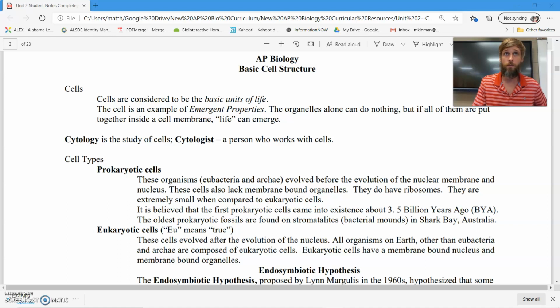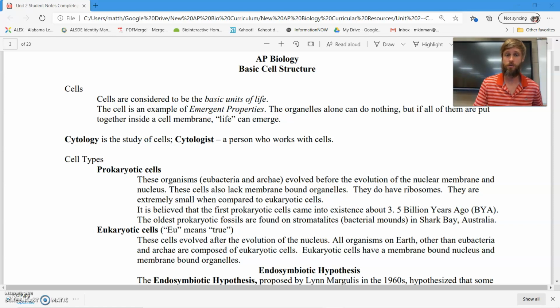Anyways, prokaryote. Just what are prokaryotes? So the pro prefix means before. What does kary, K-A-R-Y, stand for? Nucleus. Before nucleus, cells. So these types of cells came along before, or do not have, a nucleus.